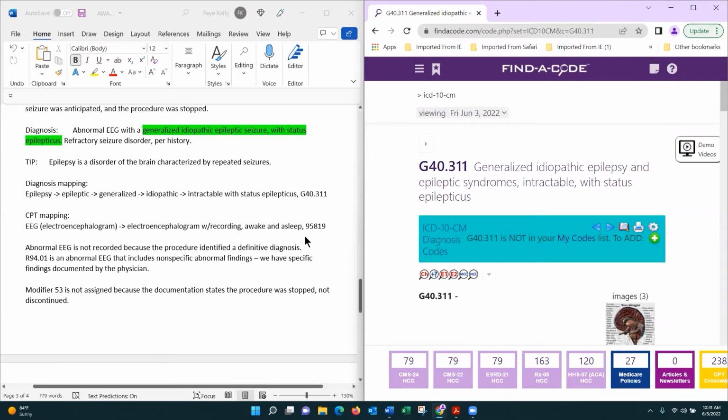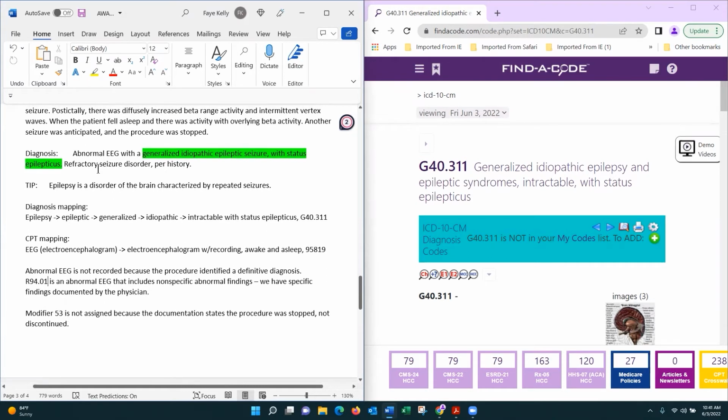I made a note, and I want to look here because I think both of you assigned this abnormal EEG, R94.01. But that is why when I was reading the diagnosis to you, I wanted you to see that we have a definitive diagnosis. Remember our symptom rule.